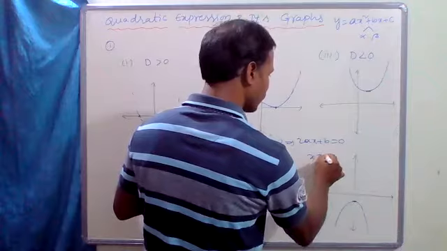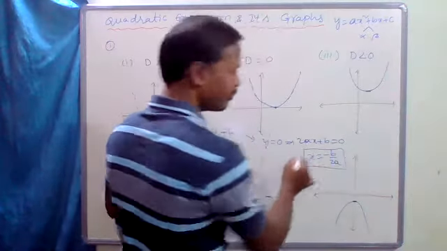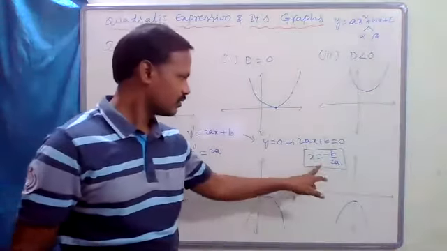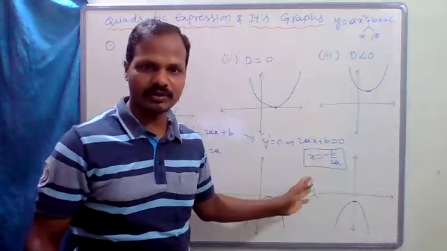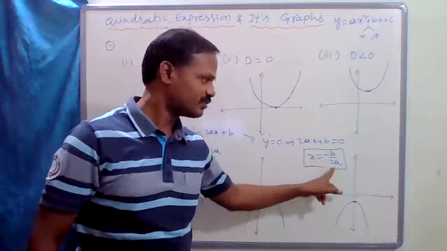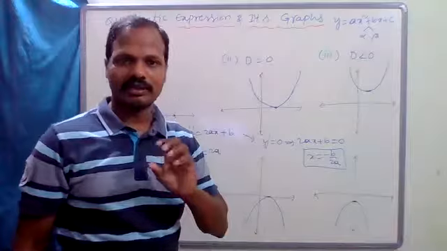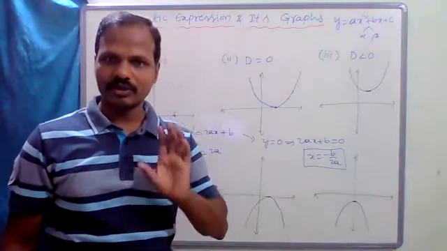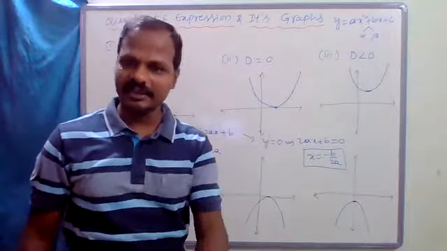That means x equals minus b by 2a. Is it clear? Whether it is a minimum or maximum, we don't know yet. At x equal to minus b by 2a, to decide whether the expression has a minimum or maximum, it depends on the second derivative.